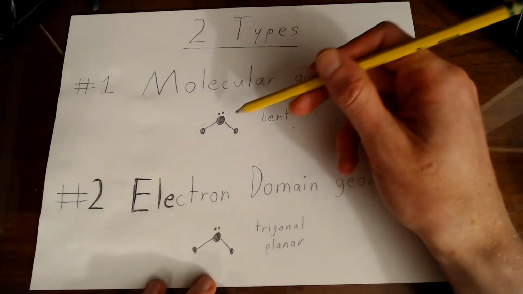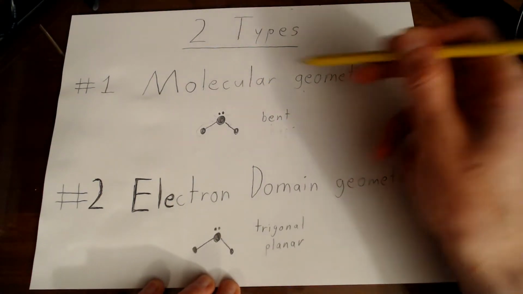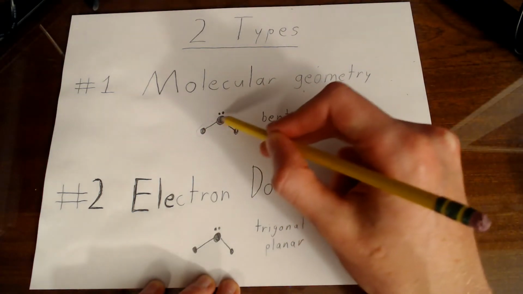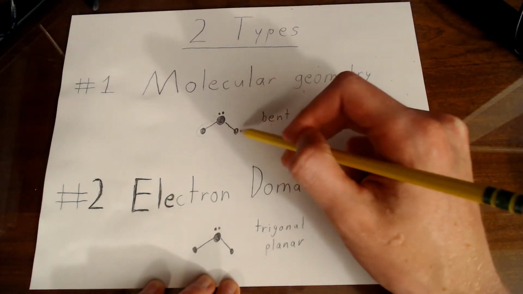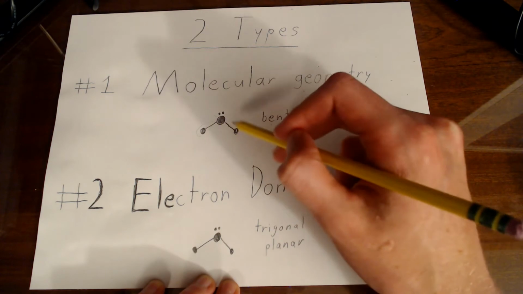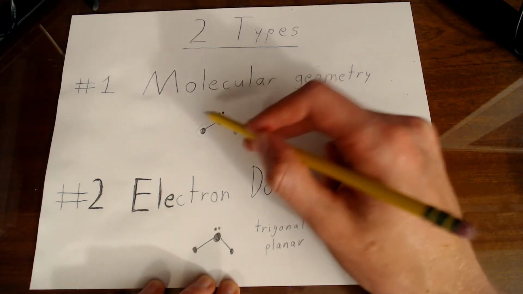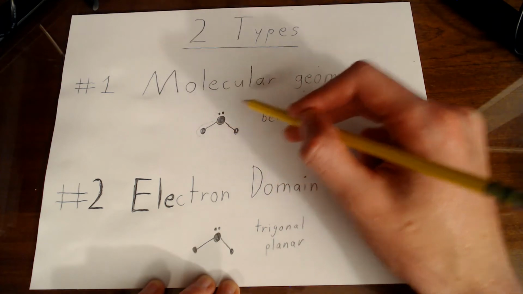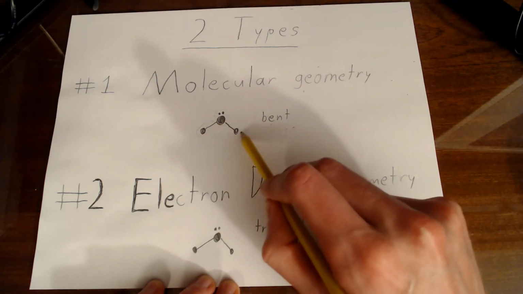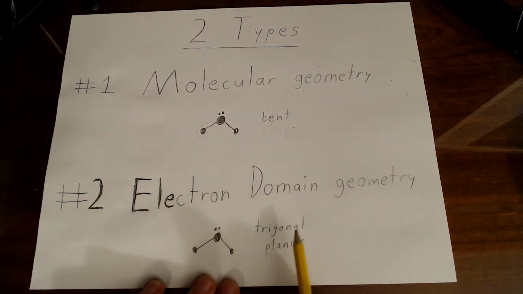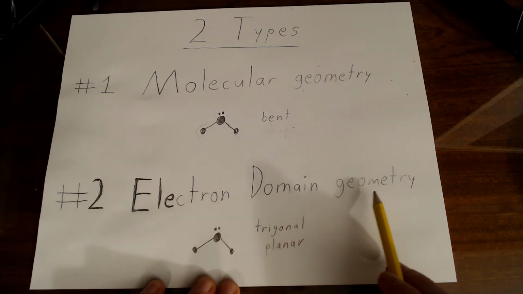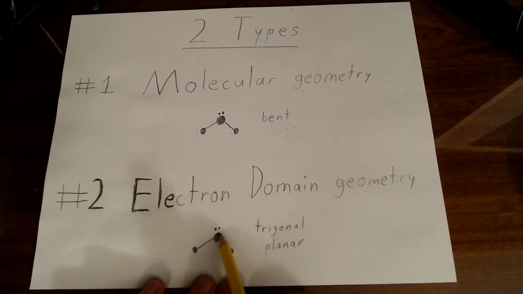In this particular molecule, the molecular geometry will be a bent shape because we're only looking at these two atoms around it and their bonded pairs of electrons, not this lone pair. So that's why it has a bent shape. But in the electron domain geometry, we also take into account this lone pair of electrons here.